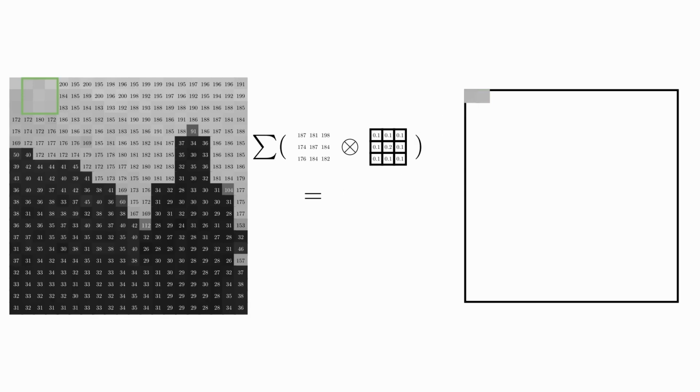This process will be continued, and you'll have a sliding window go across the original image, little by little, comparing it to the kernel, creating new pixels, until you have a full image.